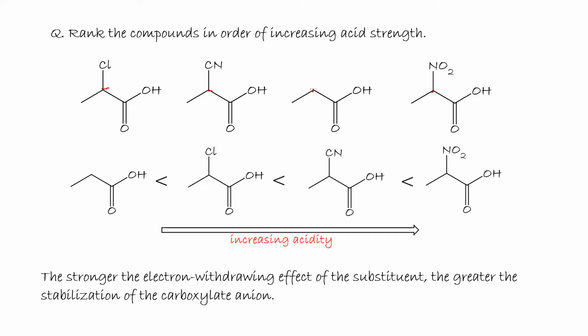So the most acidic will be alpha nitro propanoic acid, then the alpha cyano, then the alpha chloro, and the least will be the propanoic acid.